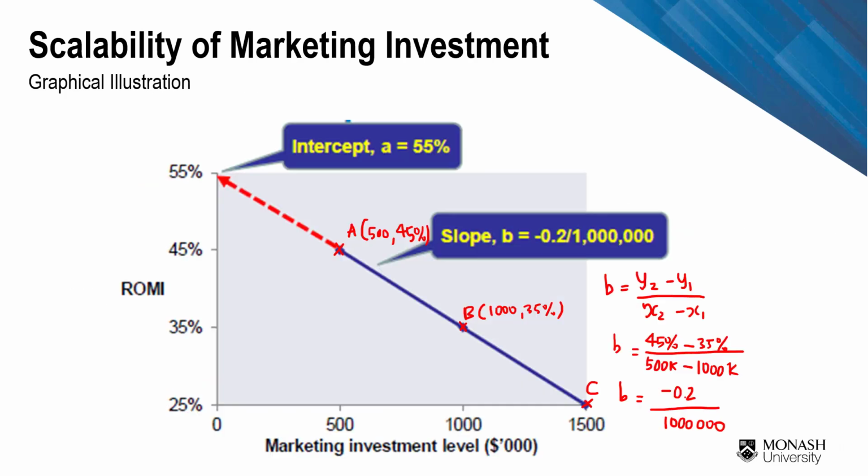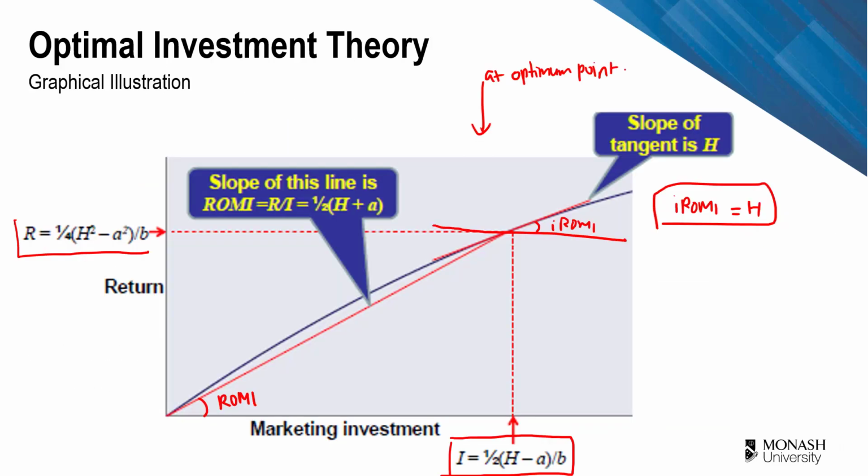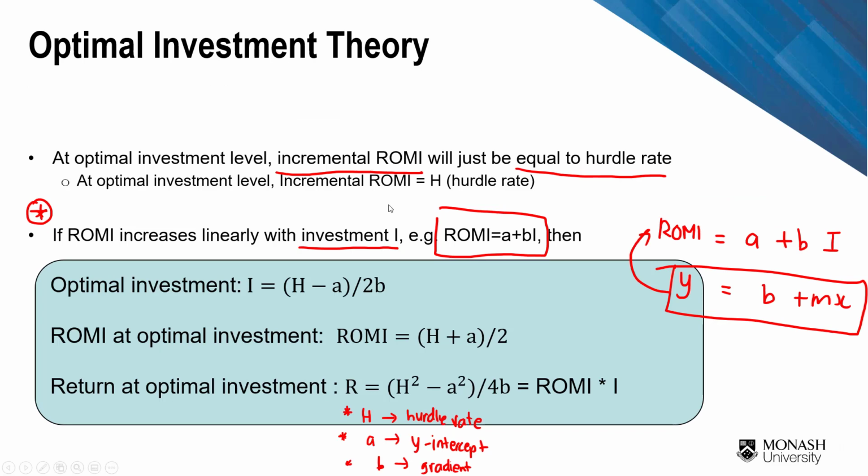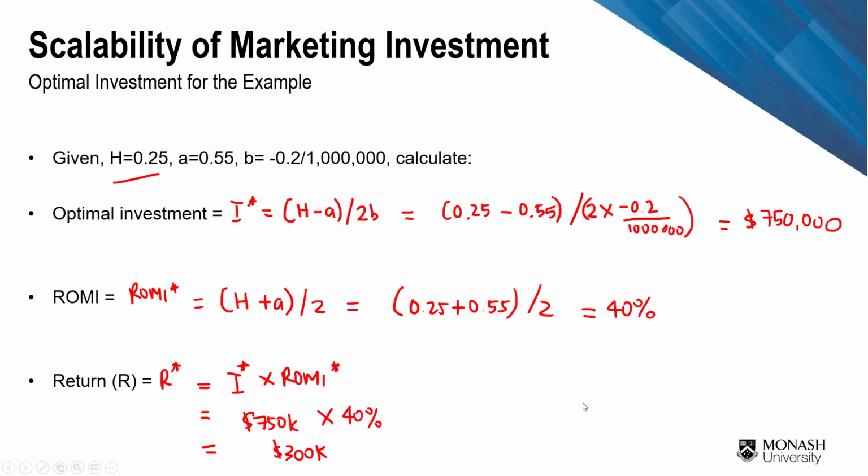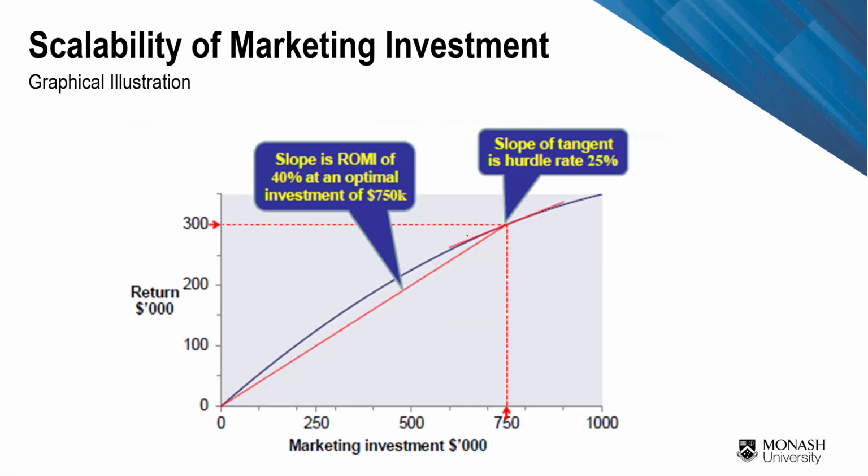Now, how do I actually get these formulas? These formulas are actually given for you right here, and I'm just using them for my convenience. It says that at the hurdle rate of 25%, my ROMI is equal to 25% as well.